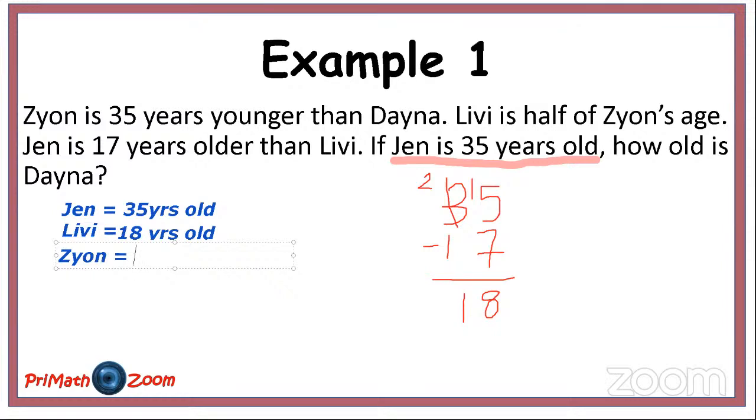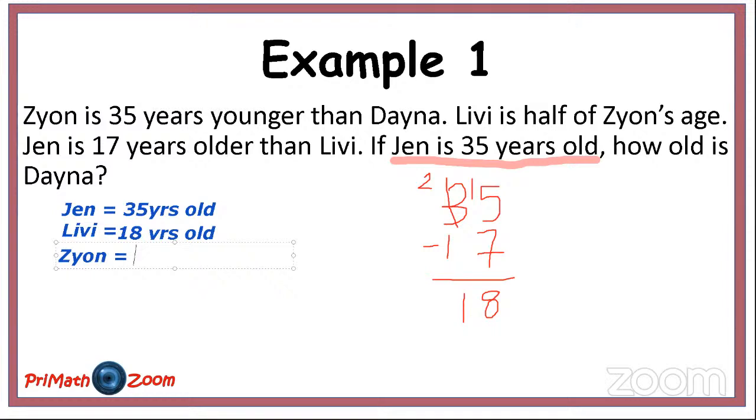All right, Shame Speed says 18 times 2 equals 36. I'm seeing Ethan saying Zion is 36, since Livy is 18, Livy is half of Zion's age. So 18 times 2 is 36. Zoe Friend says 18 times 2.